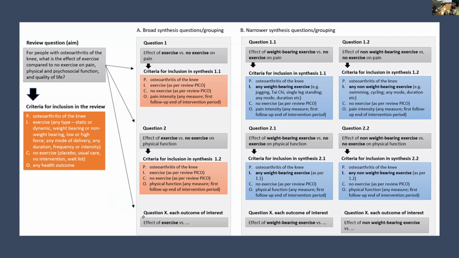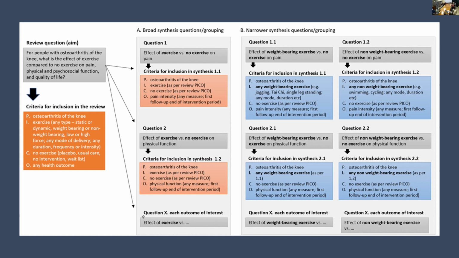Now that all of you have made PICO statements, if I were to make a PICO for this question, this is how I would make it. P is osteoarthritis of the knee. I is exercise, any type: static, dynamic, weight bearing, non-weight bearing, low or high force, any of those. Control is no exercise, which is placebo, usual care, no intervention, waitlist. And the outcome is any health outcome.